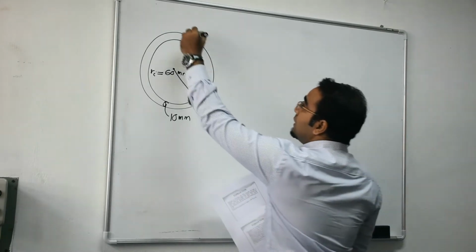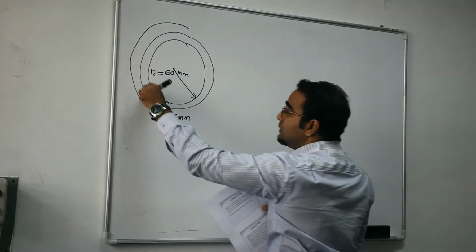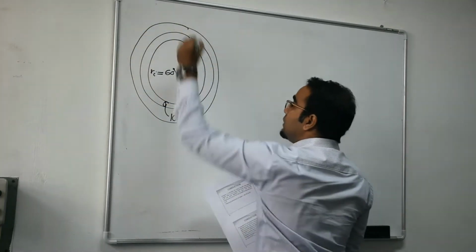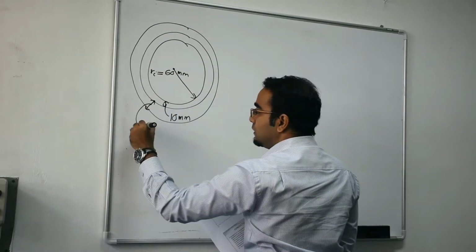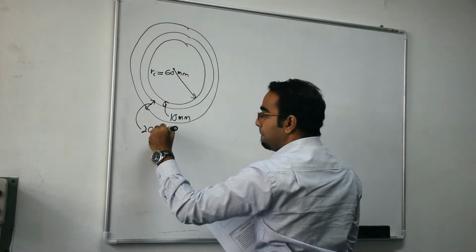So we have another layer of insulation of thickness 20 mm. So this is the thickness of the insulation, 20 mm.